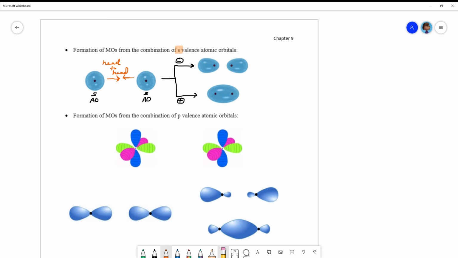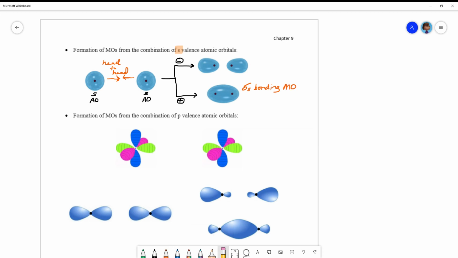So what do we end up with? Well, in the downward direction, from the positive constructive interference, we end up with a bonding molecular orbital. This bonding molecular orbital is known as a sigma molecular orbital. Why? Because it was produced by head-to-head combination. So we call it a sigma s bonding molecular orbital.